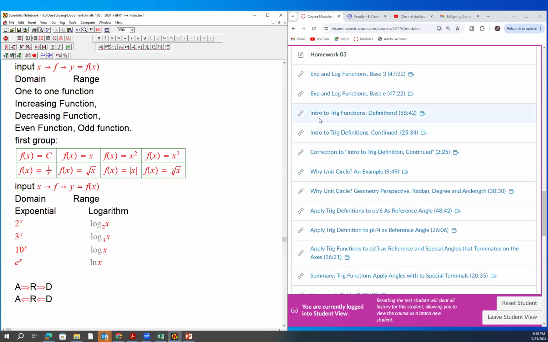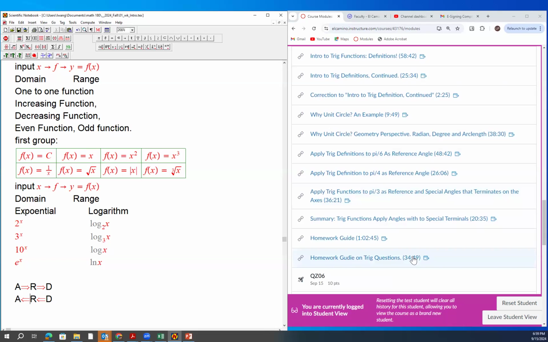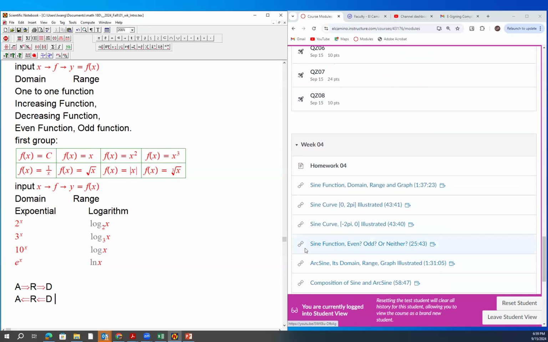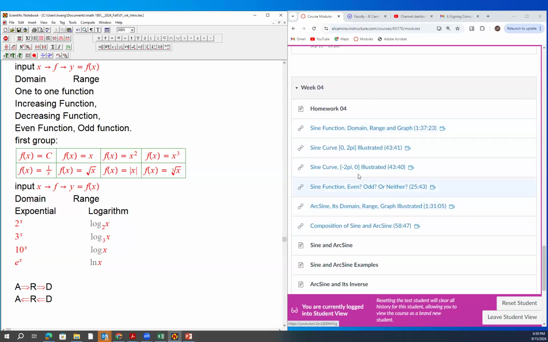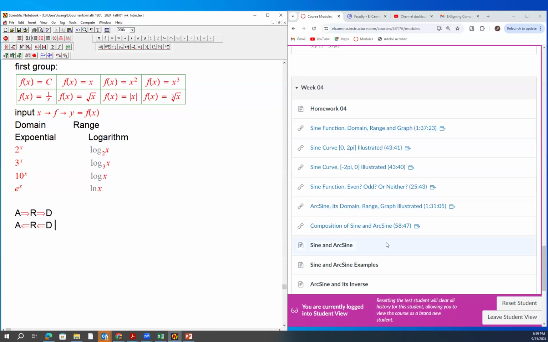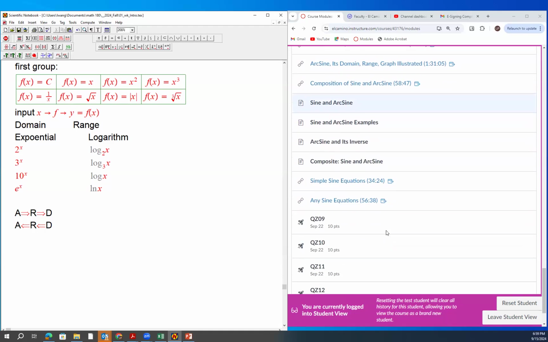So not only in the intro, we introduce definition, we do the graph. Like apply trig definitions, so pi over 6, pi over 4, pi over 3. On these sections, we're going to see a lot of A to D. And in the coming week, you're going to see the graph, that's A to D. And D to A, on the last two sections of next week.